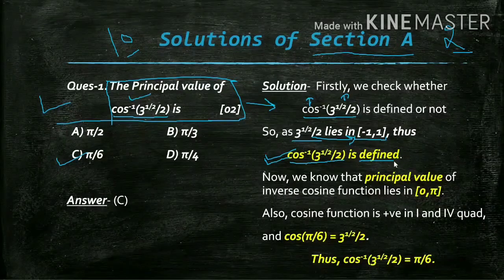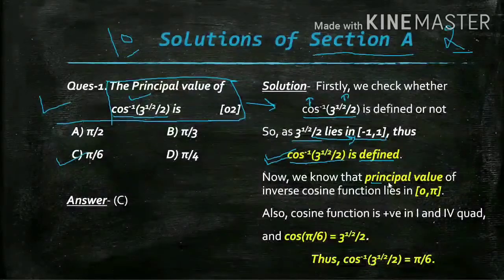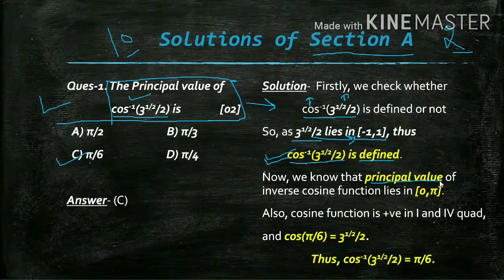Okay. Now you move to the principal part. From the table that I have shown you earlier, the principal value for the inverse cosine function lies in the closed interval 0 comma pi, right? Now just look how we'll do this.